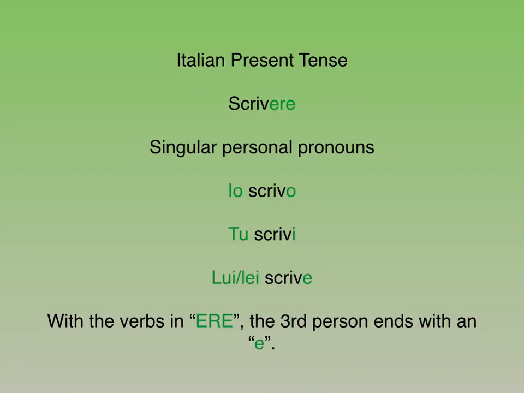Now, let's have a look at the group of verbs that end in ere, with the verb scrivere. So again, we drop the ere, and instead we put a different ending for each singular personal pronoun. Io scrivo, tu scrivi, lui, lei scrive. With the verbs in ere, the third person ends with an e.